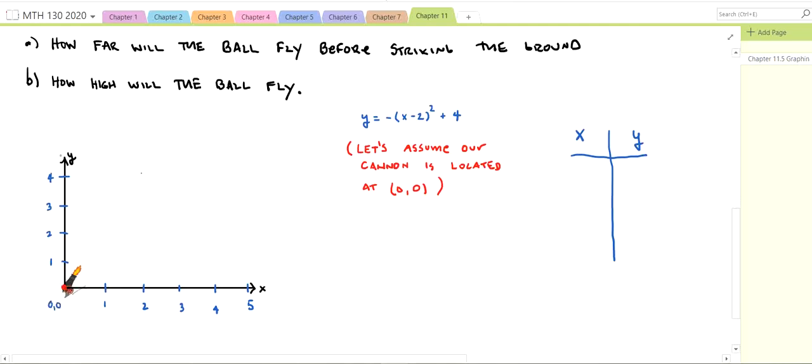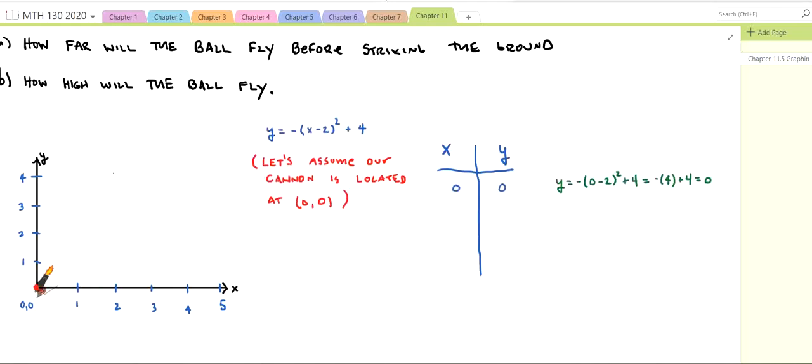I've only got the positive y scale and the positive x scale here. And let's see how the trajectory of this thing looks. So when x equals 0, here I've scooted everything over so I could write the equation next to this. So when x equals 0, y equals 0.